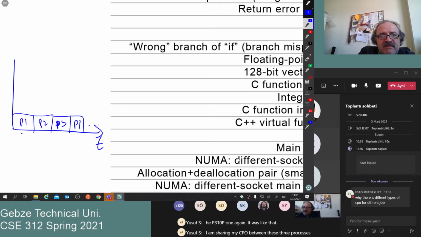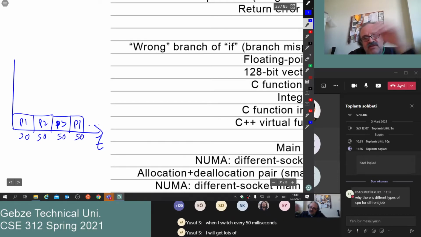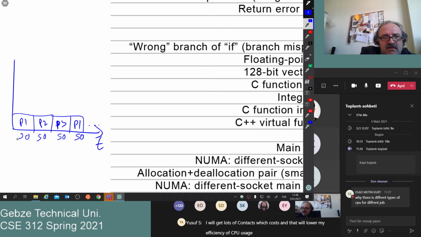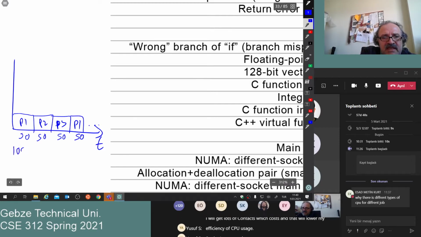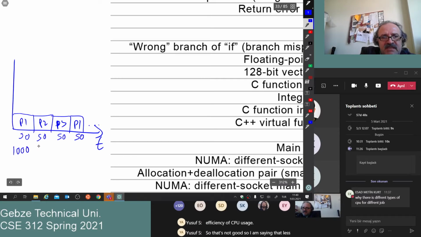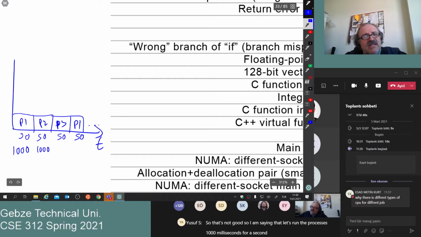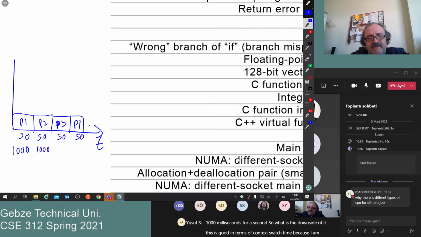So when I switch every 50 milliseconds, I will get lots of context switch cost, and that will lower my efficiency of CPU usage. So that's not good. So I am saying that let's run the processes 1000 milliseconds, for a second. So what is the downside of it? This is good in terms of context switch time because I am switching less, but that's going to be bad for your interactivity.